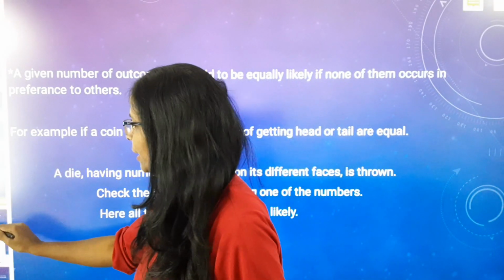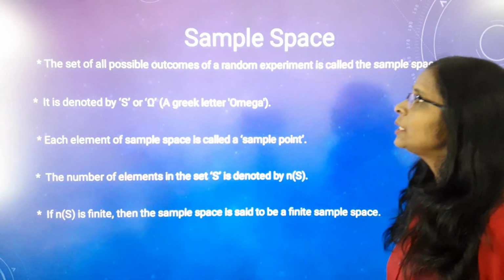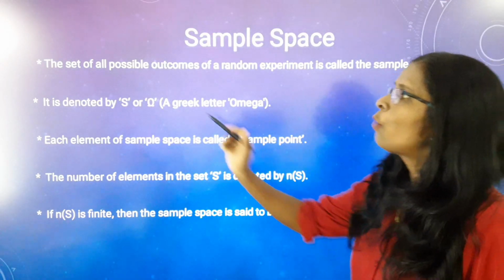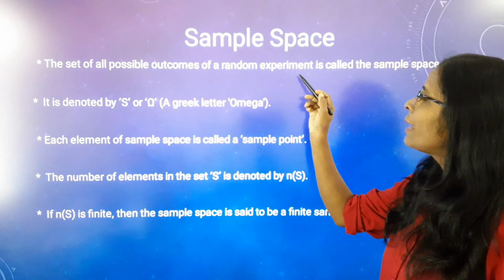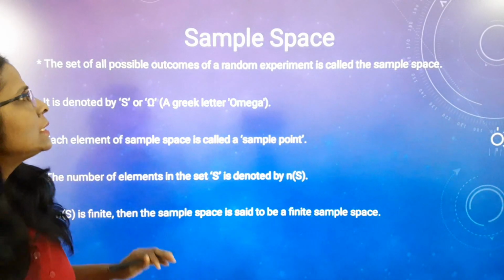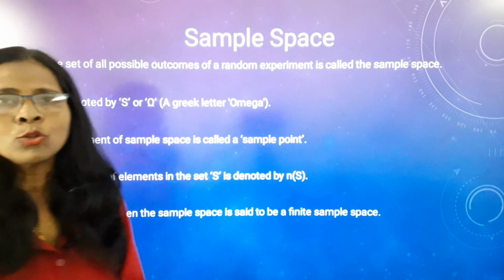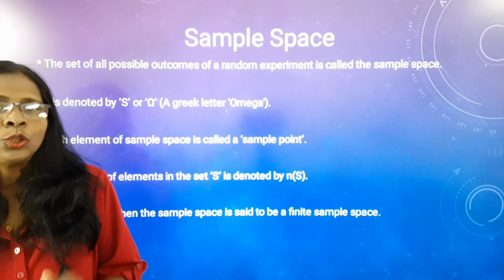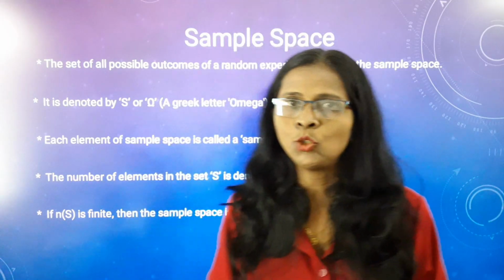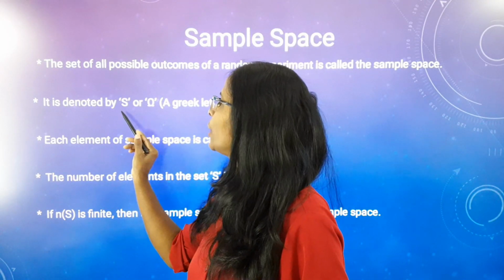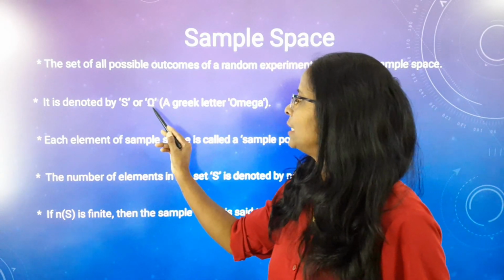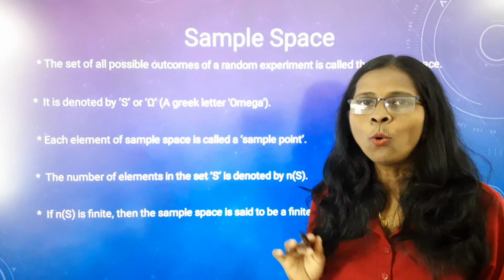The next topic is sample space. What is the sample space? The set of all possible outcomes of a random experiment is called the sample space. It is denoted by S, or by the Greek letter omega.